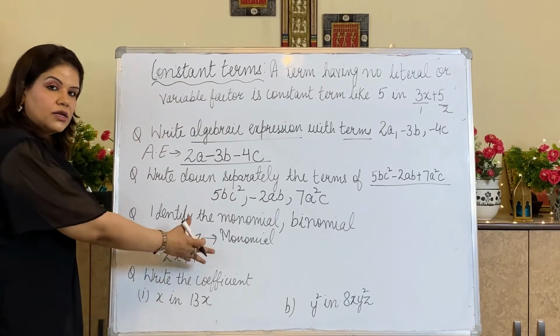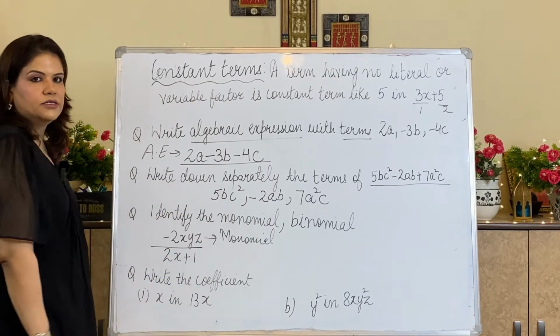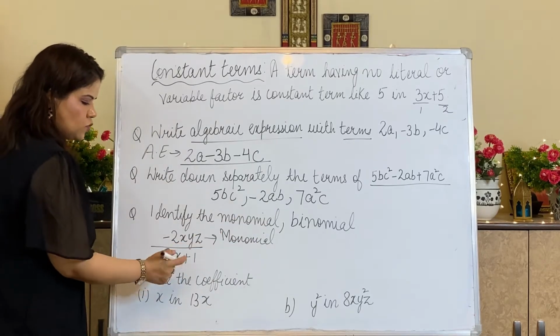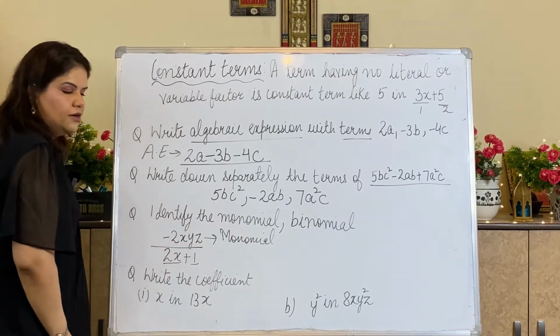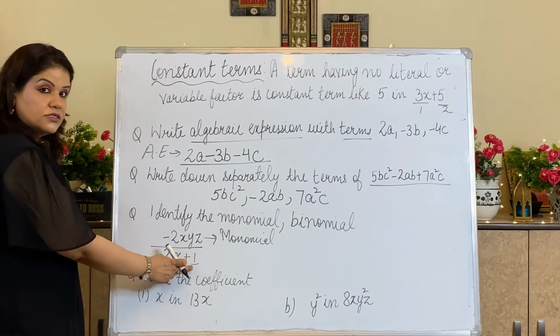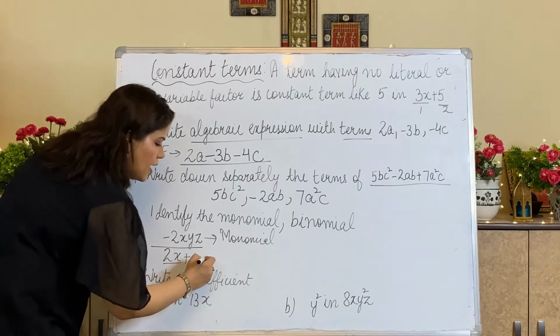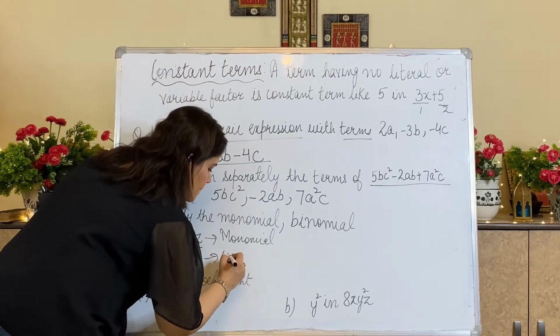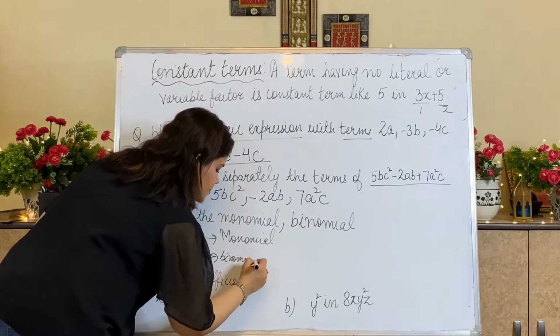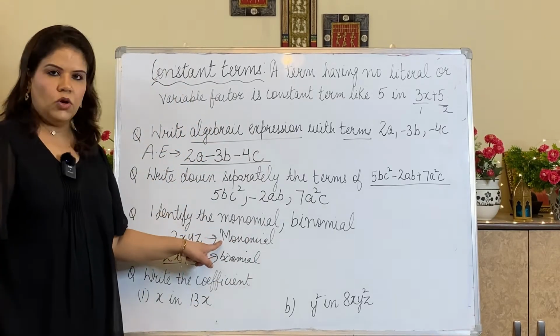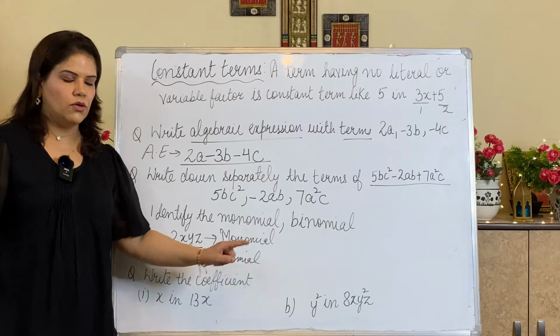It is not connected with any other term. Binomial, 2x plus 1. This is connected with a constant term. 1 is a constant term here. So this is binomial. One term means monomial, two terms means binomial.